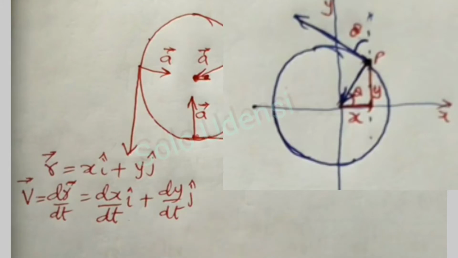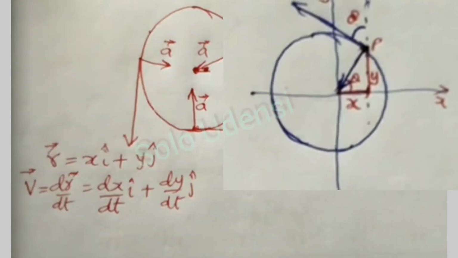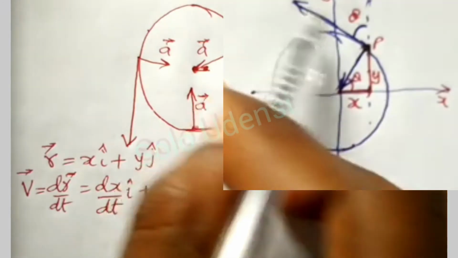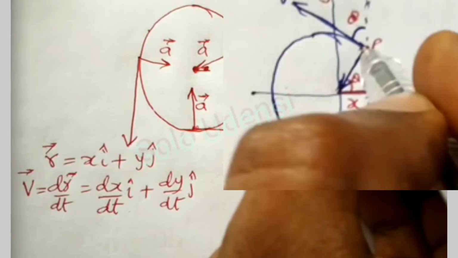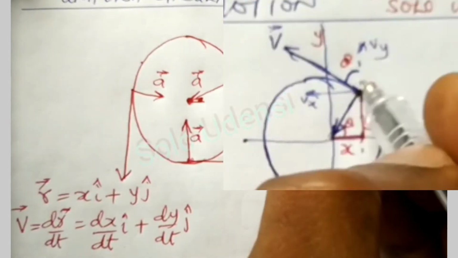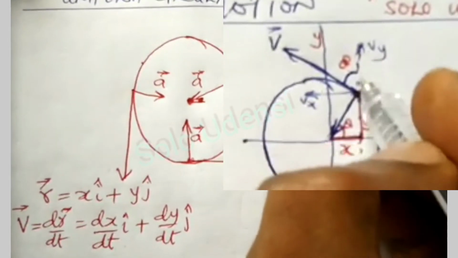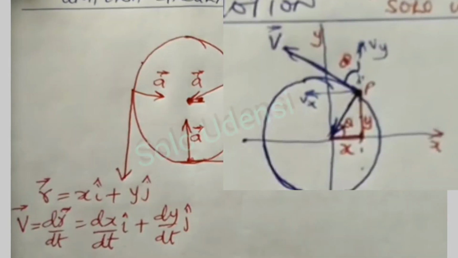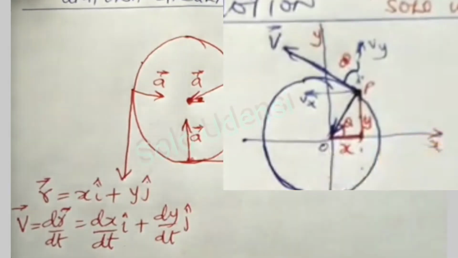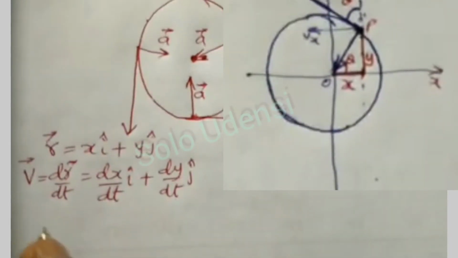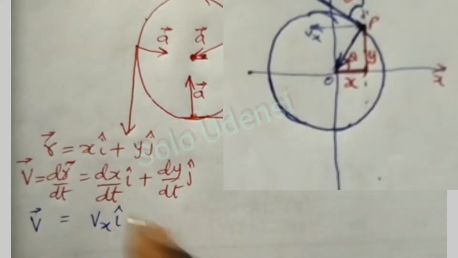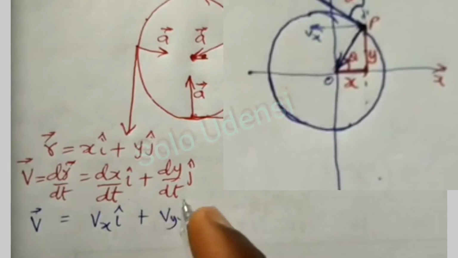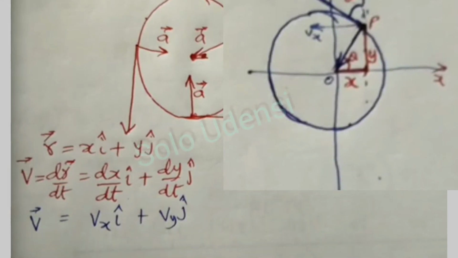So if we substitute from here, the velocity component, this is v, can be vx or vy, if we use the straight line that we have drawn parallel to the one passing through the center O. So that v is equal to vx i plus vy j.